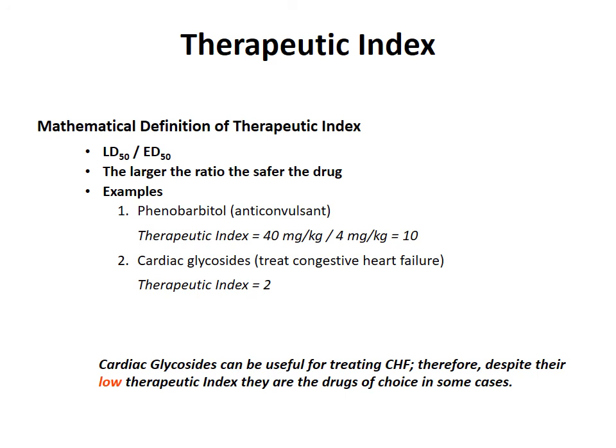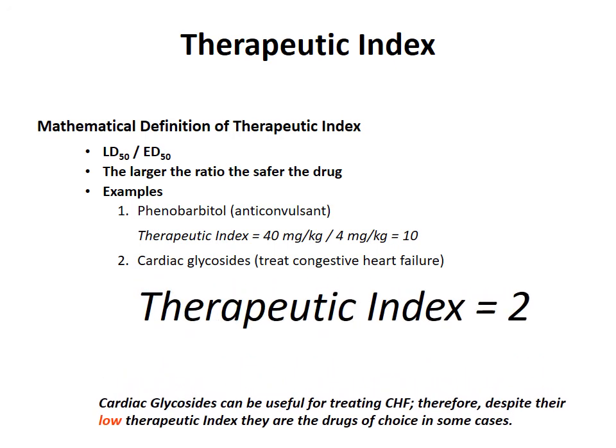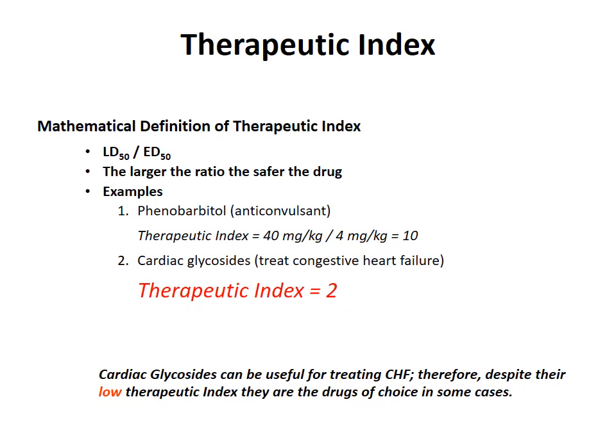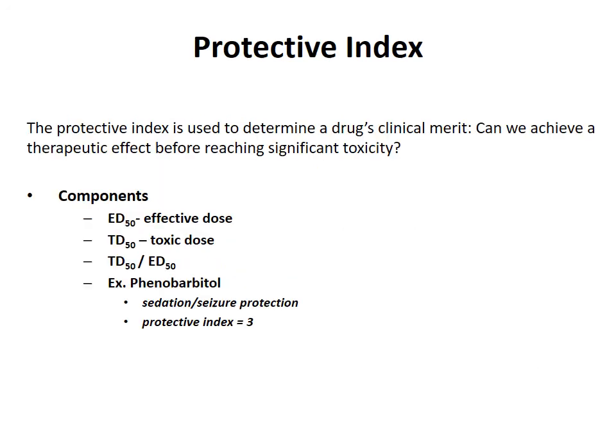On the other hand, cardiac glycosides, such as digoxin, used for controlling heart rate or for heart failure, have a very low therapeutic index, so it's very easy to overdose on that and cause toxicity. Okay, so that's really important to understand. The lower the therapeutic index, the more dangerous. The higher the therapeutic index, the safer the drug.